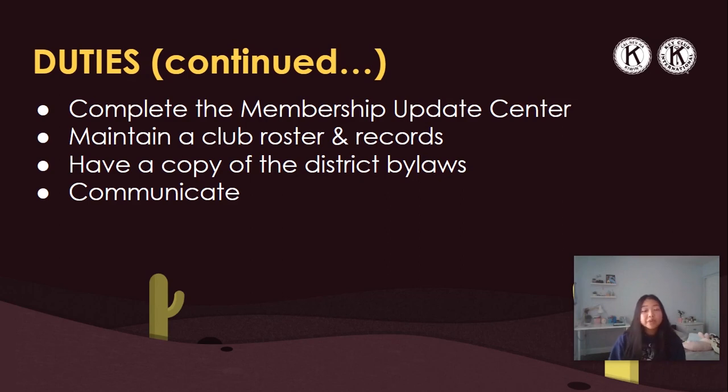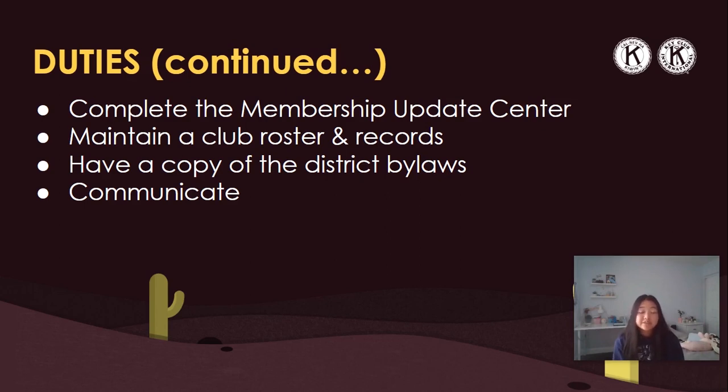And then once it's inputted into the MUC for all of the paid members, that's when it has to be sent to the district office along with the invoice. And this allows the district office to keep track of your paid members within your club, which is super helpful.